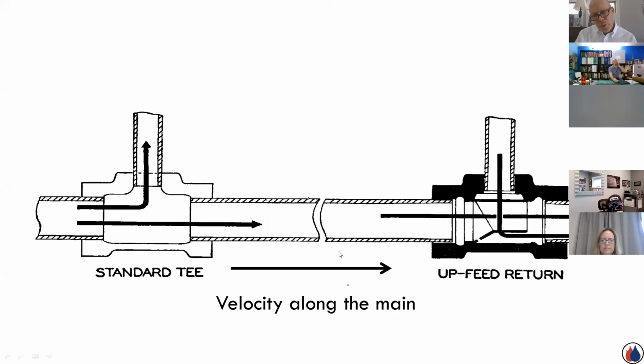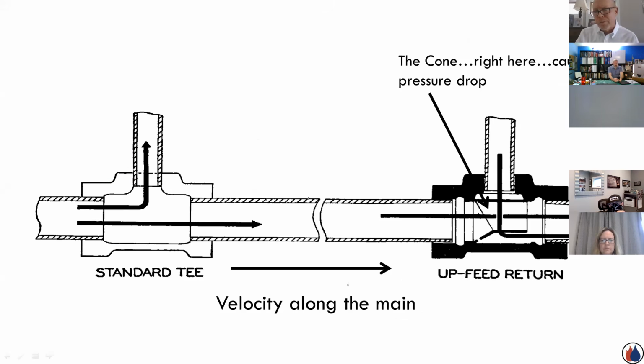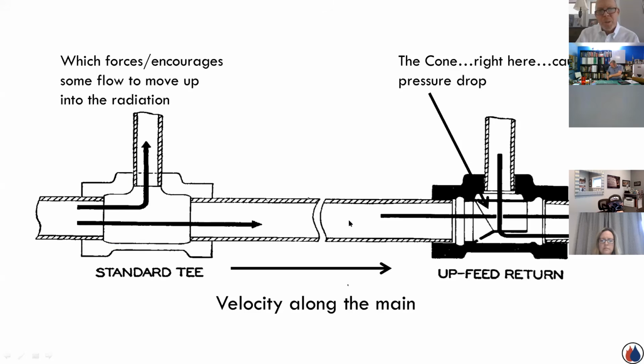And as that flow rate, that certain velocity, is moving through the piping, all of a sudden it encounters the cone. And that's basically an engineered pressure drop is what a monoflow fitting is. So this pressure drop here, because of this higher flow rate velocity through the main, would encourage a certain amount of water to move off of that main and divert up through the terminal unit, through the radiation, and then back down. And that's how a monoflow system works.